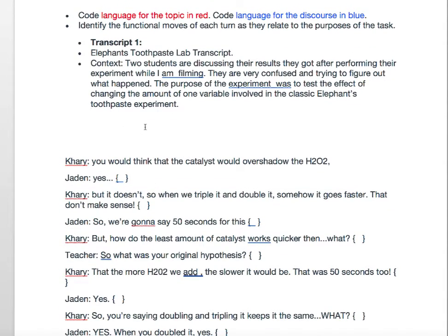All right. I think the other thing to keep in mind is that we very often associate language for the topic with technical language.